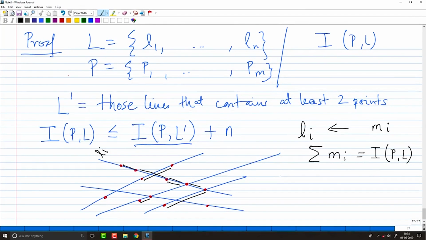So, the number of edges in the graph is basically the summation of Mi minus 1, i equal to 1 to n, which is equal to how much? I of P, L minus n. Good.